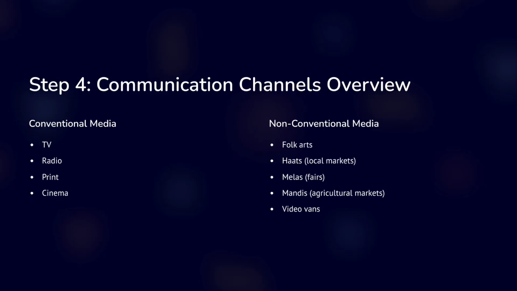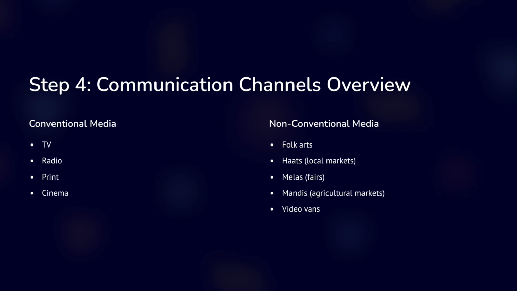Once the message is designed, step 4, selecting communication channels, comes into play. The communicator must choose efficient channels to deliver this message effectively. Rural communication media channels can be broadly categorized into two types. First, we have conventional media, which is also termed modern media.